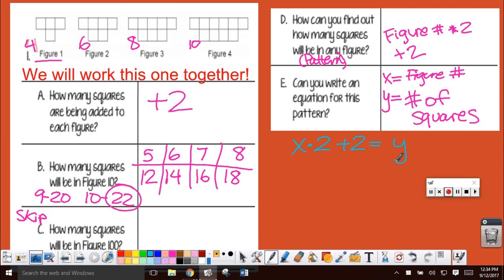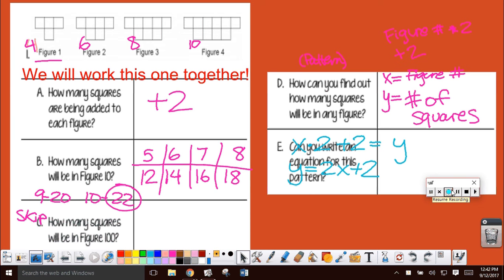Okay, that's exactly what my pattern said, but I translated it into an equation. x times 2 plus 2 equals y. Okay, and I'm going to rewrite it this way. y equals 2x plus 2. I want you to write it both ways. That way you can see that these two equations, the first and the second, are exactly the same information.